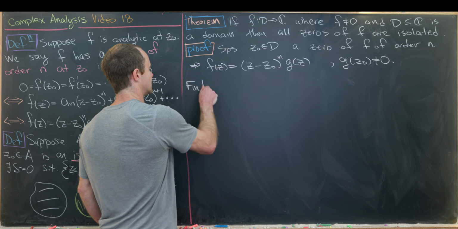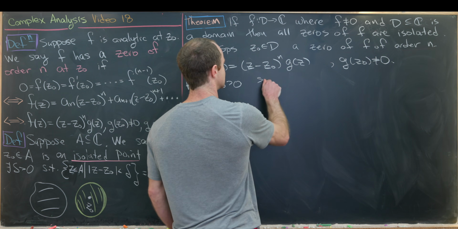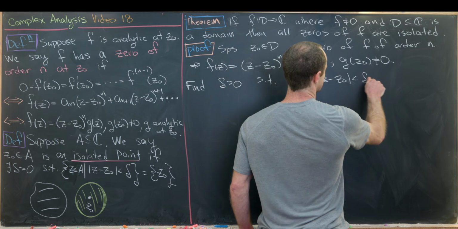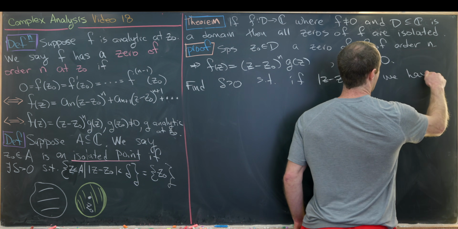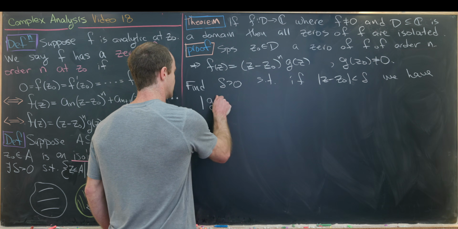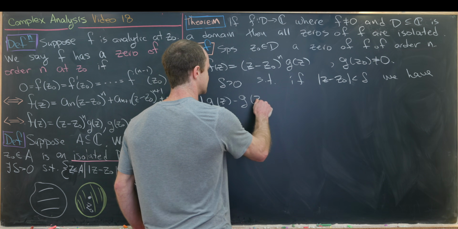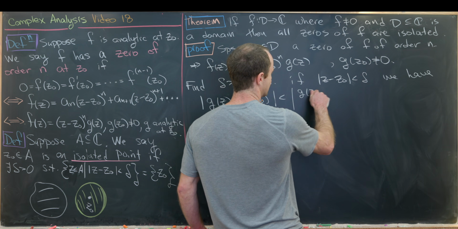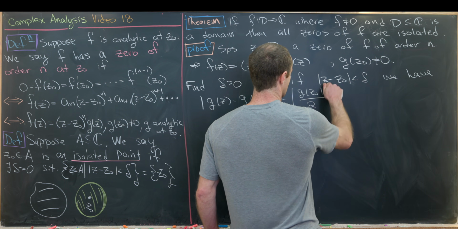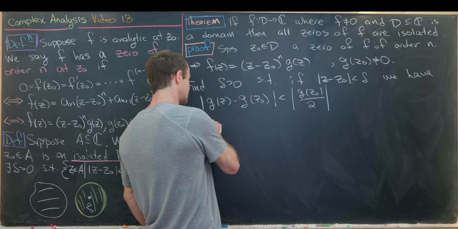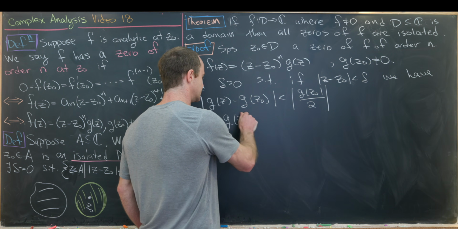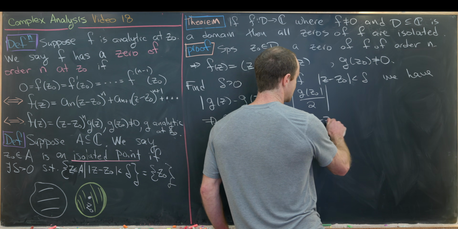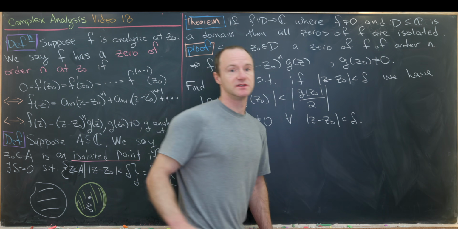But since g is continuous, we can play a pretty similar game to what we did before. So let's find some delta bigger than 0 such that if the modulus of z minus z naught is less than delta, we have the modulus of g of z minus g of z naught is less than the modulus of g of z naught over 2. So what does that tell us? That tells us that g of z is not equal to 0 for all z that are within delta of z naught.